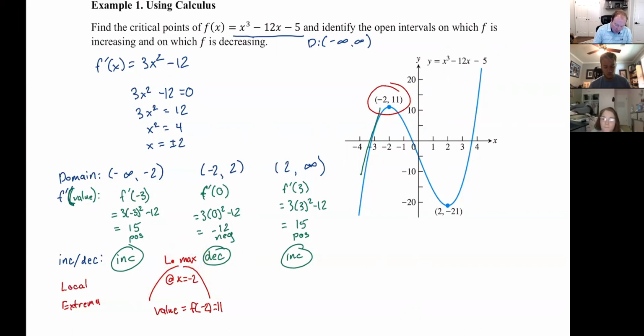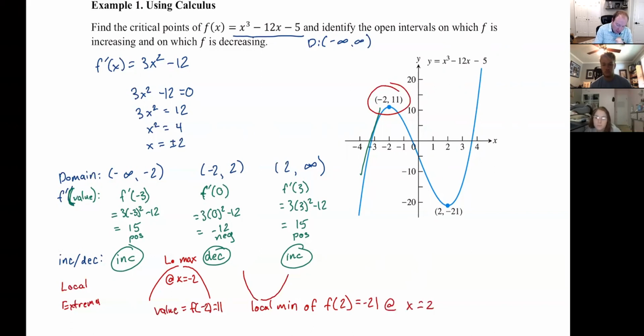In the very same thought process, whenever you switch from decreasing to increasing, you have a local minimum. Notice that it's not absolute, because we would have to consider the rest of the domain. But this does give us a good way to find local extrema. So a local minimum, plugging f of 2 into the original gives you -21, and that's at x equals 2.